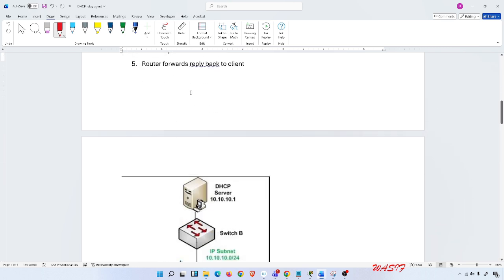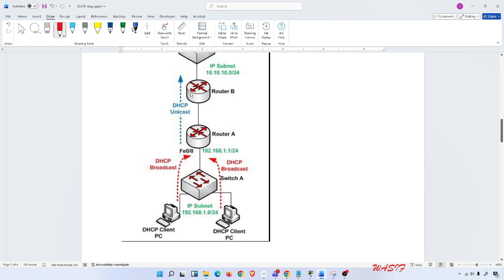Now, if you look here very carefully, if you remember, there was something called DORA. What is DORA? Discover, offer, request, and acknowledgement.